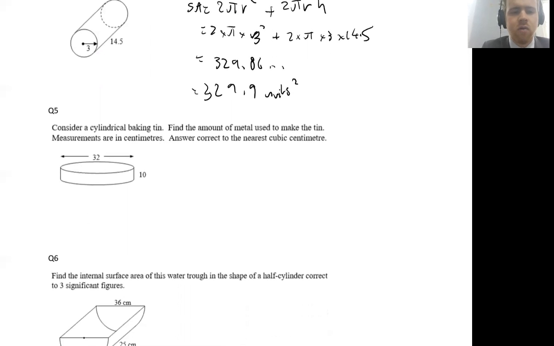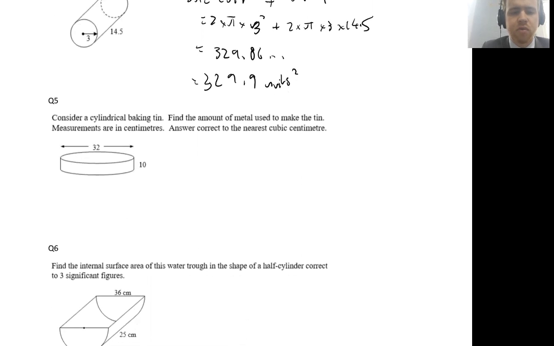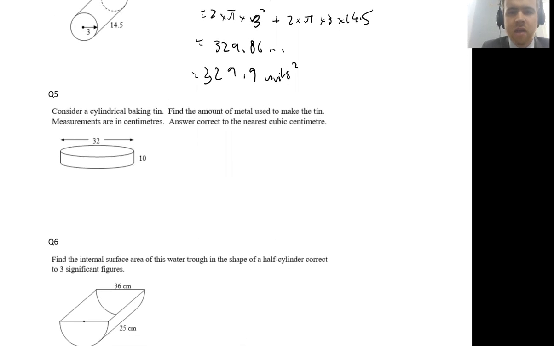Now for this one here, I'm not going to finish it, but I'm just going to show you the first step, which is important. We're talking about a cake tin, which doesn't have a lid on it, okay? So we've got to work out how much metal there is, and it's what we call an open cylinder, which means it's missing one of the circular faces.